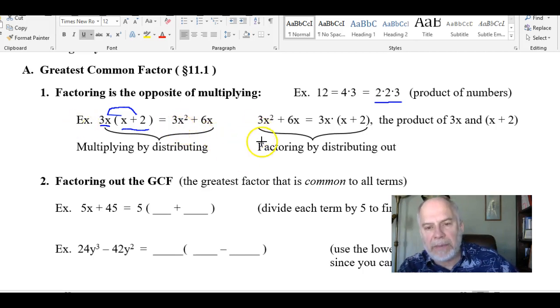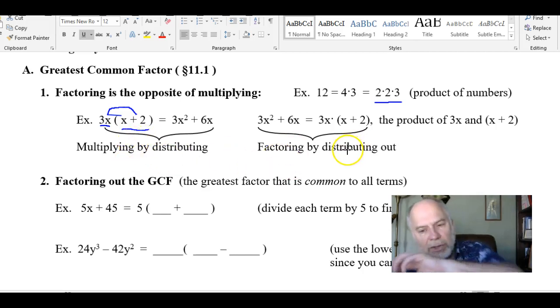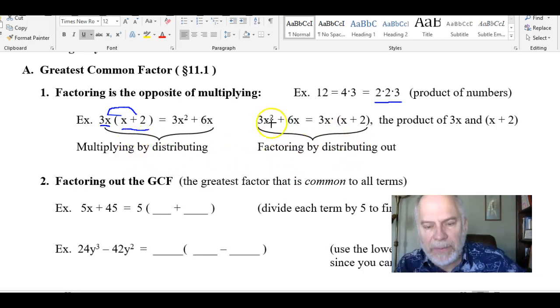Now, the opposite of distributing is just to distribute out a term. And so you see here that I've got 3x squared plus 6x, and each term there is divisible by 3 and has an x in it. So it's divisible by x.